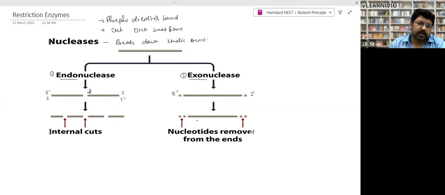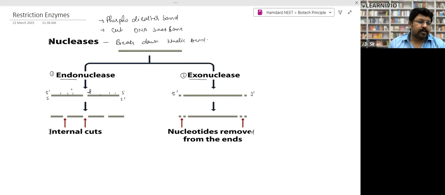So that is called restriction. Now, what are restriction endonucleases? Endonucleases make an internal cut. Restriction endonucleases make a cut at a specific site, exactly where you want. Normal endonucleases can make a cut at any part between the 5 prime end and the 3 prime end, here, here, here, or here.